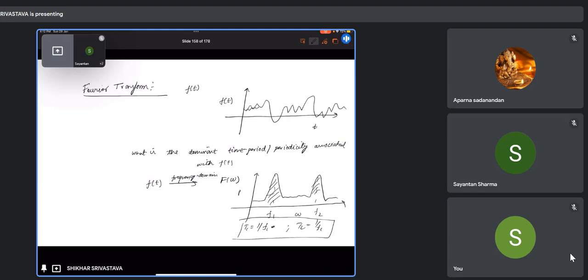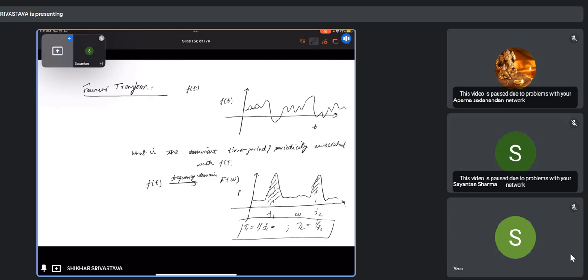Just to give an example, let us take the amount of sunlight which you receive on Earth. One dominant time period is 24 hours, because every 24 hours you have day and night. Another periodicity associated with sunlight is the season. In the summer season, we receive more sunlight than in the winter season.